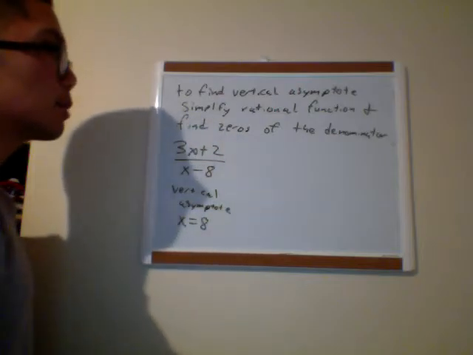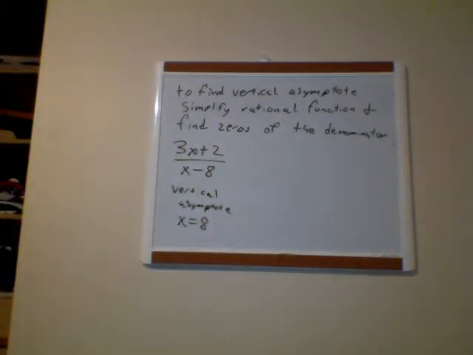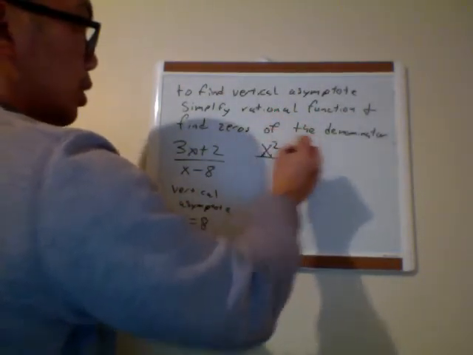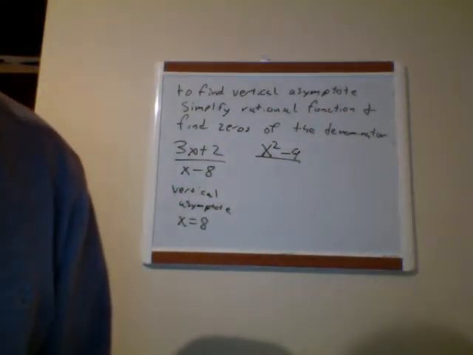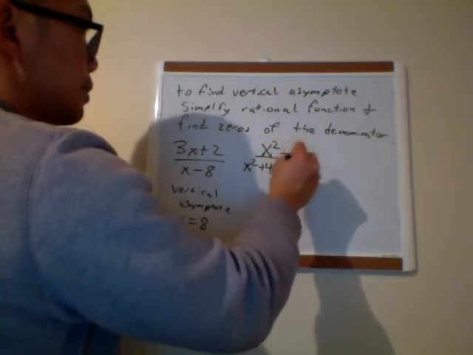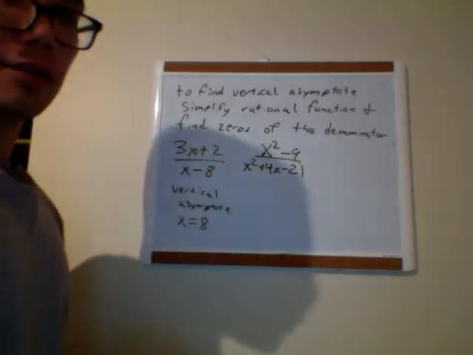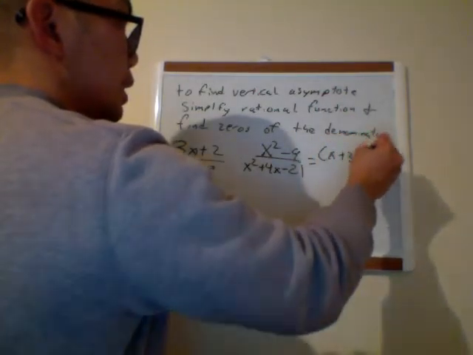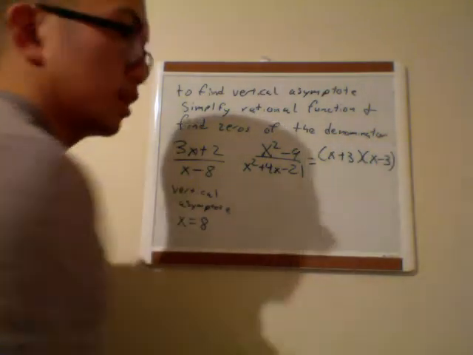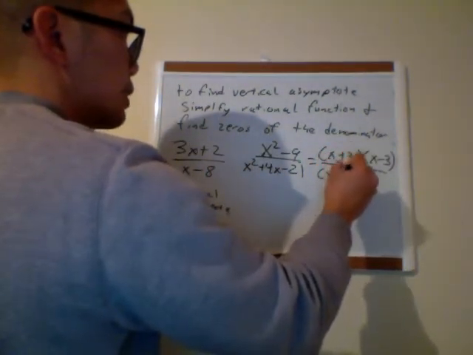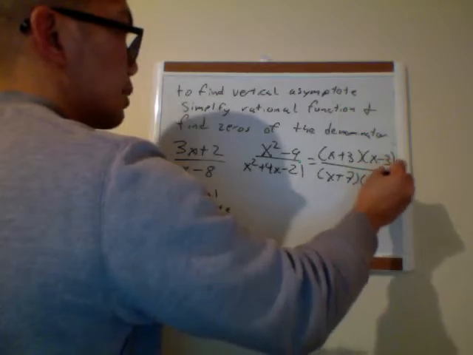Now, if I had something like x squared minus 9 over x squared plus 4x minus 21, you have to simplify that first. So the top becomes x plus 3 times x minus 3, and then the bottom factors into x plus 7 times x minus 3.